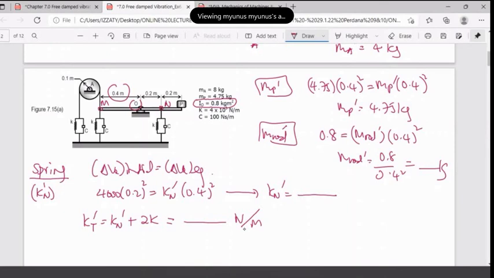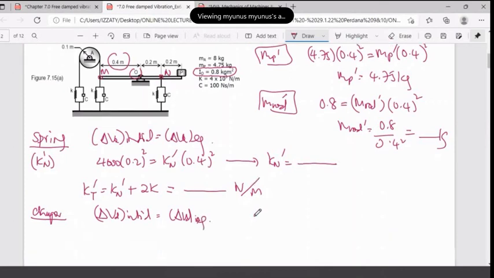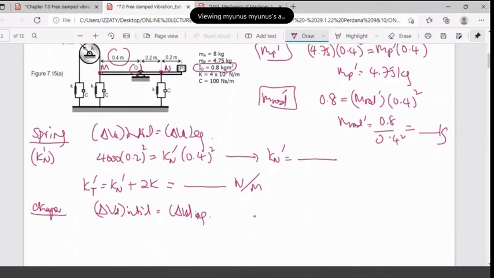Same thing for the damper. The damper and spring, as I mentioned earlier, are located at the same place. So you'll be getting the same activity here. Damping, this one initial, is equal to damping, this also equivalent. So you work out this one as C here. They provide you C as 100.